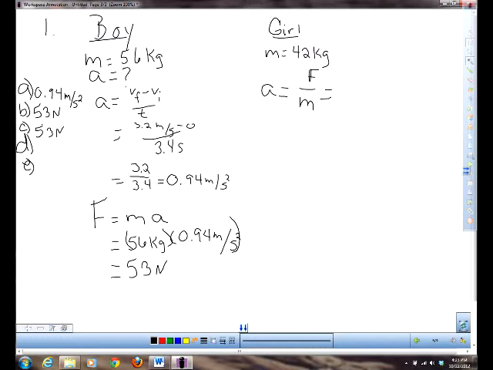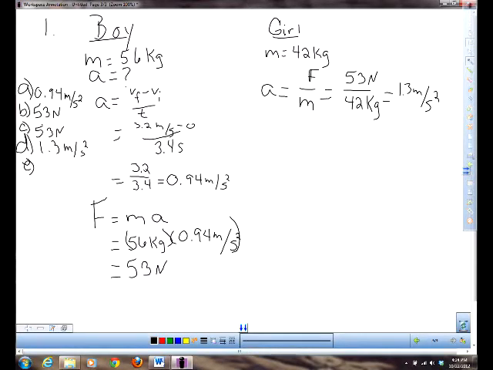So the force is 53 newtons divided by 42 kilograms. When you do that in the calculator, it comes out to be 1.25. We can only keep 2 digits, so 1.3 meters per second squared. So over here we're at 1.3 meters per second squared.